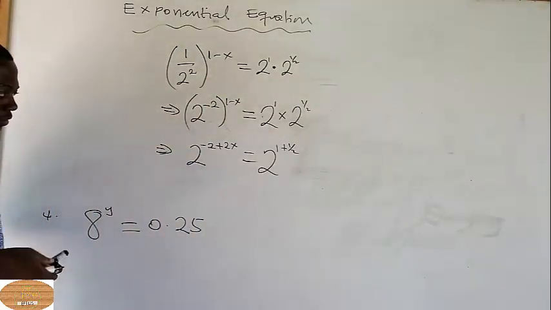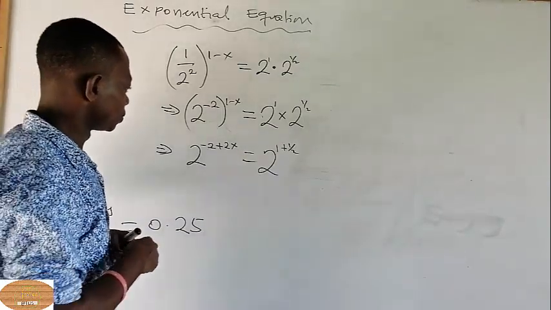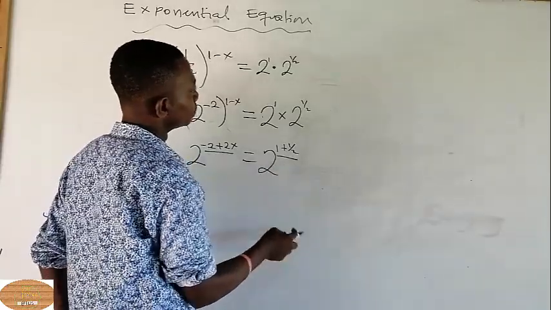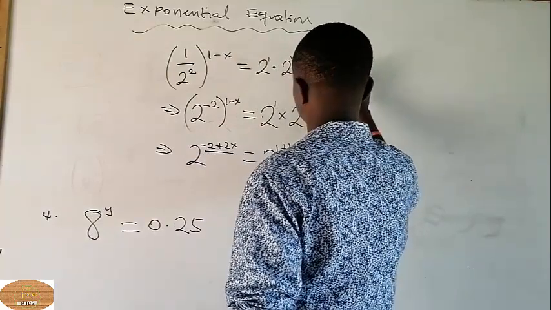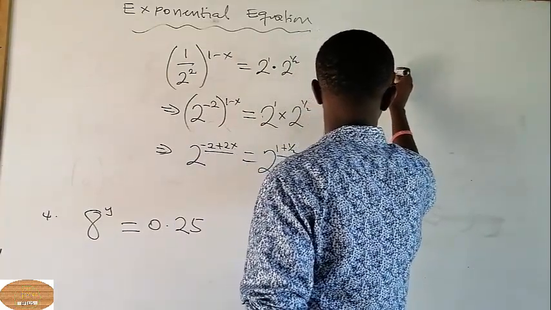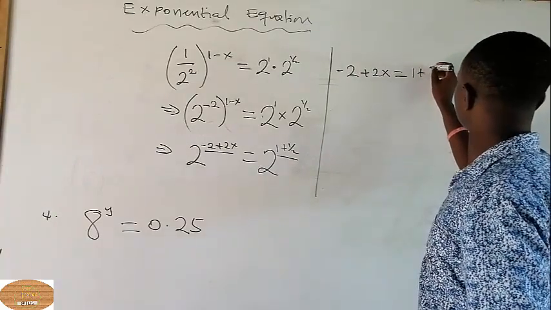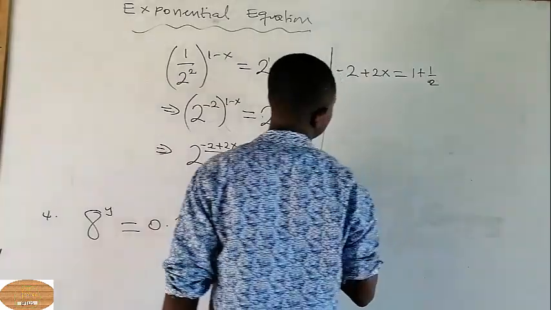Alright. So 1 plus half is 3 over 2. So this one, I can equate this one to this. So this one is the same as minus 2 plus 2x equals 1 plus half.